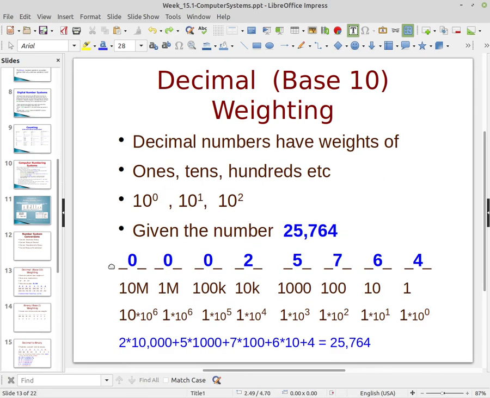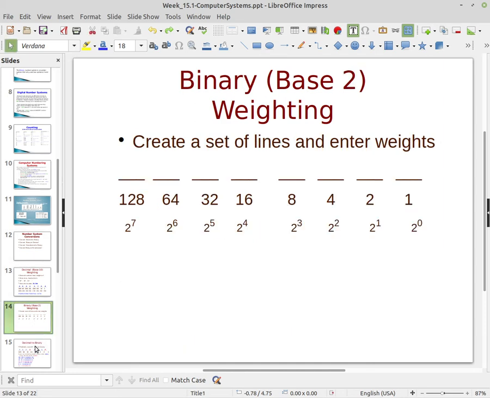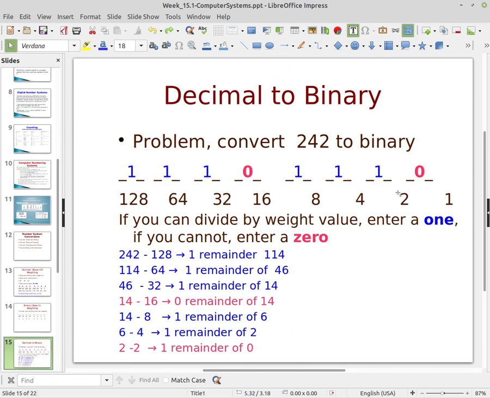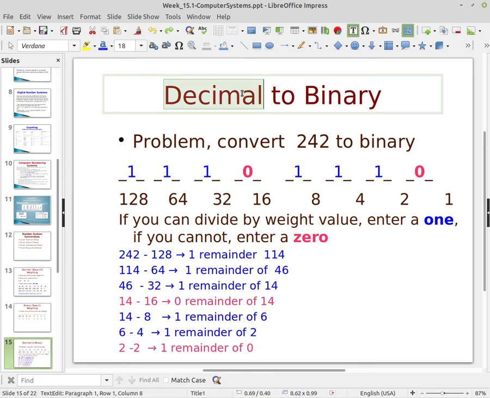Okay, so it's actually very easy to convert from binary into decimal. Okay, so this is actually binary to decimal here.